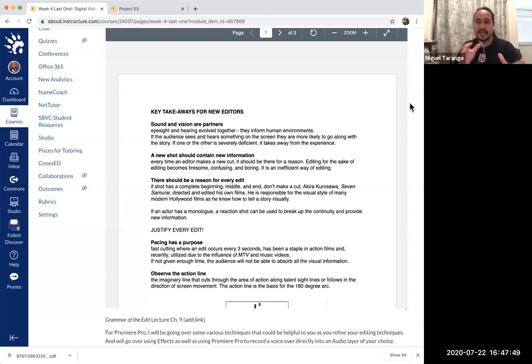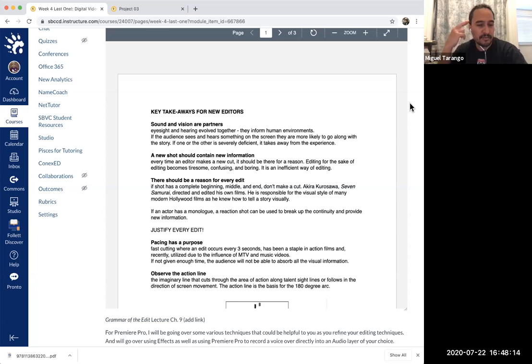Inside of these 15 or so takeaways, there will be some nuggets of some of the Chapter 8 stuff, just in a lot more detail. So let's go ahead and start talking about key takeaways especially for new editors, because that's who this book is for. It's for people who are just starting off.